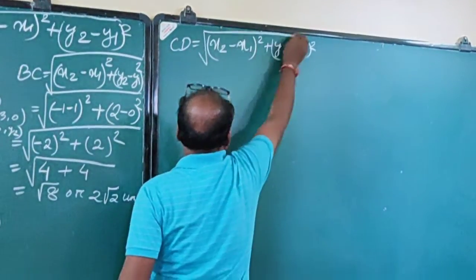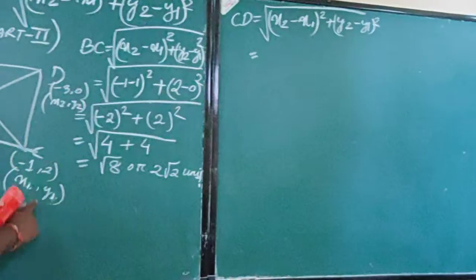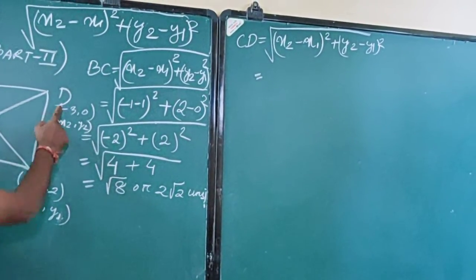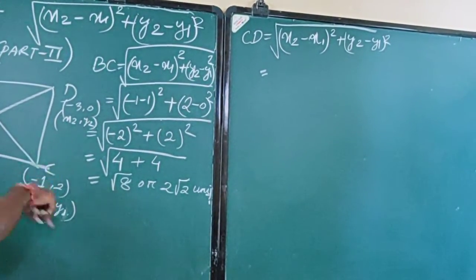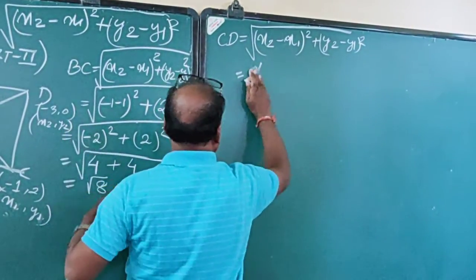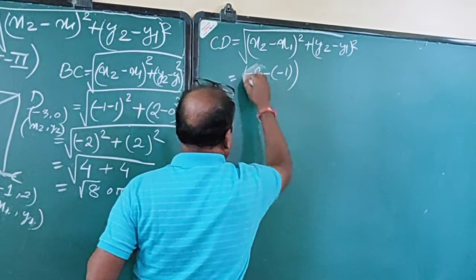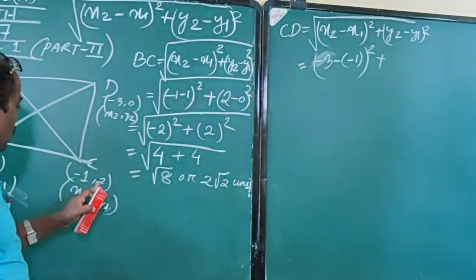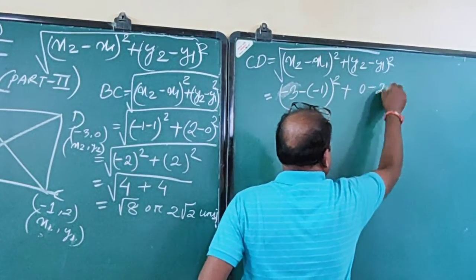And from here we have to see the values. x2 is, suppose, minus 3, minus of minus 1. This is minus 3 for x2, minus x1. x1 is minus 1, so minus of minus 1. So what is the value? Minus 3 minus of minus 1 whole square plus y2, which here is 0, minus 2 whole square.